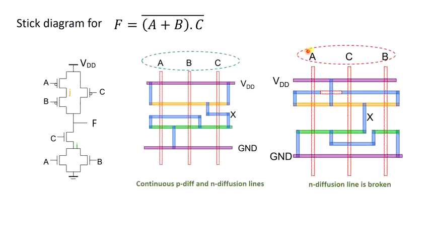Suppose we connect it like A, C, B, then how do we draw it? Same thing: first VDD, then ground, then this P diffusion, then this N diffusion. Then three polysilicon lines for gates, which are A, C, B.